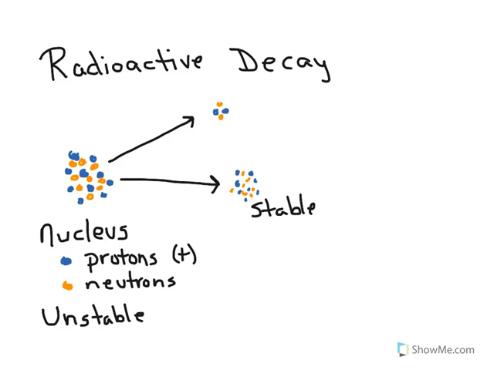Other possibilities are that it would lose a single proton, or a single neutron. It really just depends upon the original nucleus. So that's what the decay process is: going from an unstable nucleus to a stable nucleus.